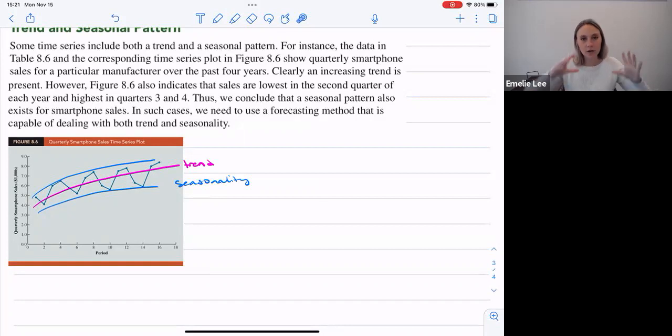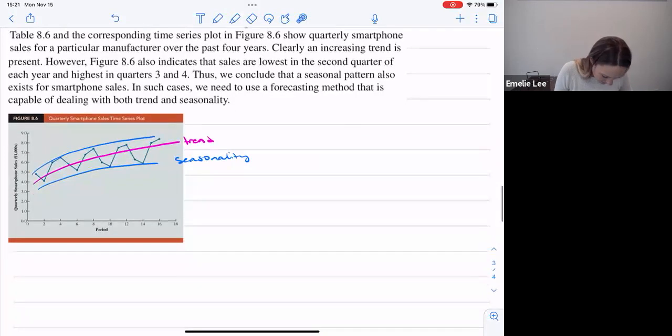And so we've got the seasonality, where it fluctuates back and forth as we move through whatever seasons we're talking about. Here, period is referring to the quarters, but it's not necessarily over a year; it can be less than a year.